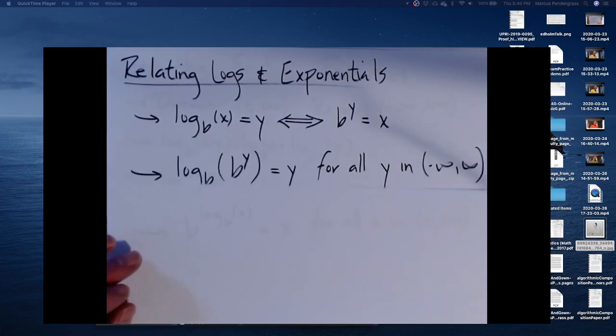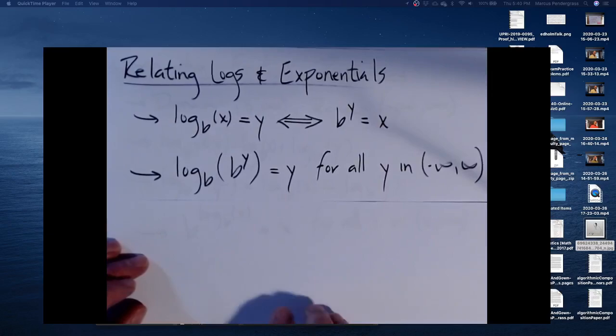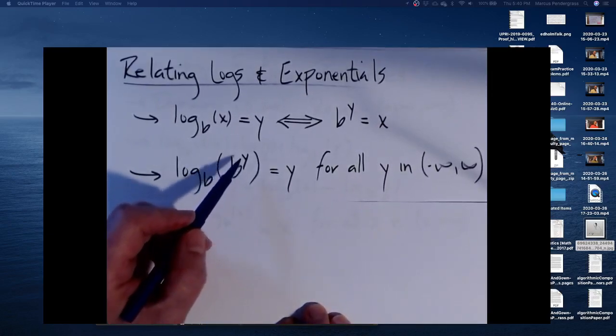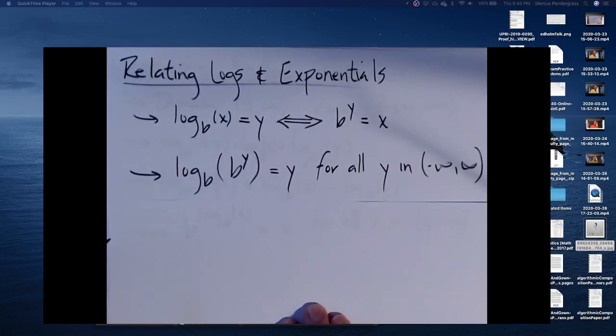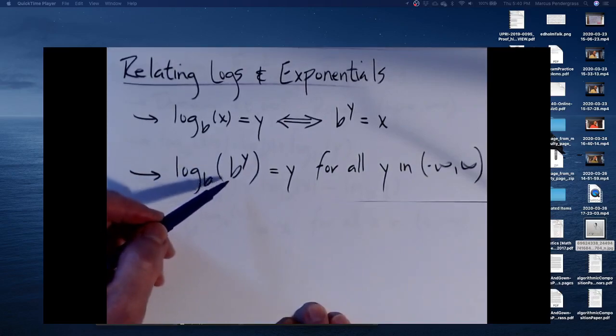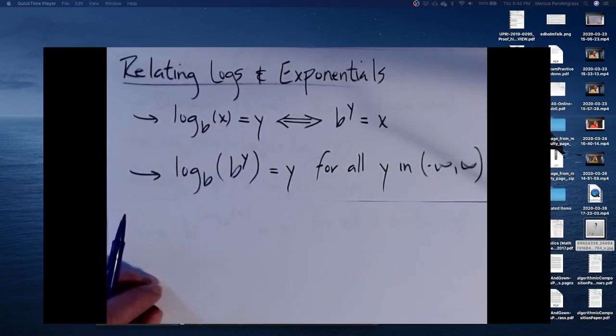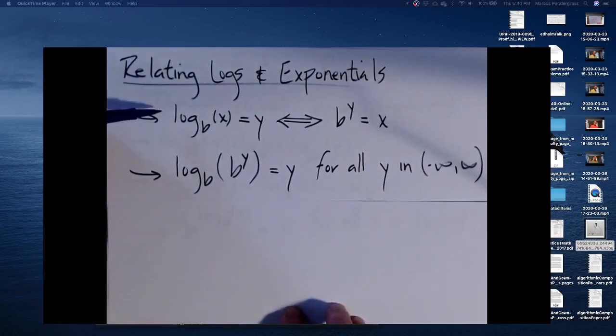But if you work with that a little bit, you can get some interesting inverse function relationships. If you take log base b of b to some power, well, you just get that power back. So it's like log base b undoes whatever raising b to the y power does, to give you back just y. And that's easy to see from our first expression here, right?